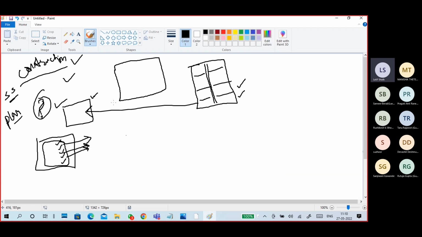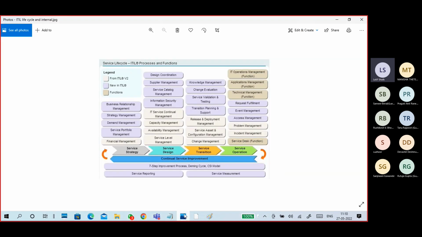Like this, an organization provides either one service or multiple services. You have to list out all these services in one place. That is called service portfolio management. Guys, understand?